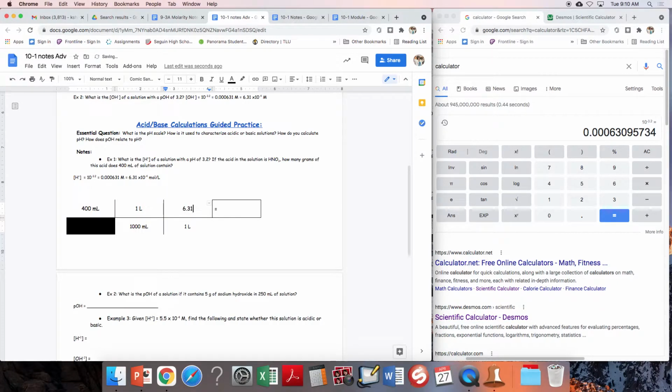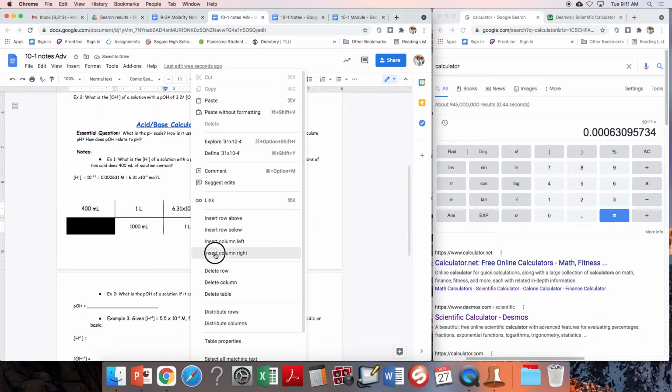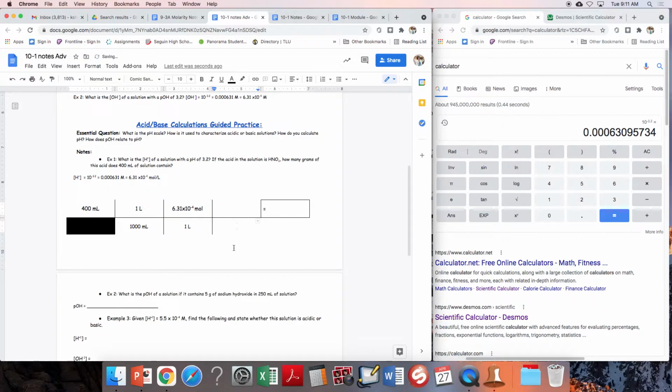6.31 times 10 to the minus 4 moles. Moles is not what I'm looking for. I gotta go one more step. And so the last thing I need to go is go to grams. And we know if we've got moles here, we put moles down here, and my grams always, always, always comes from my periodic table.